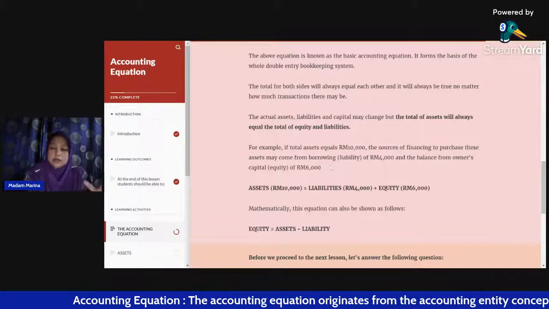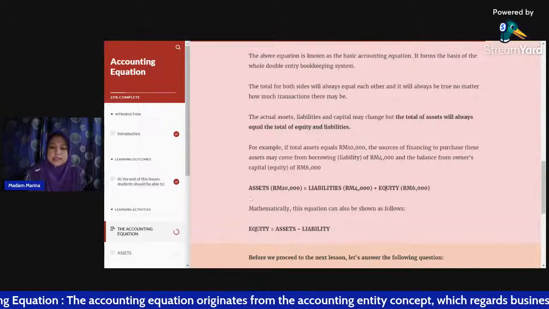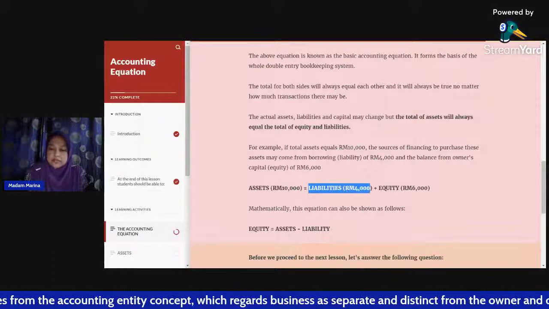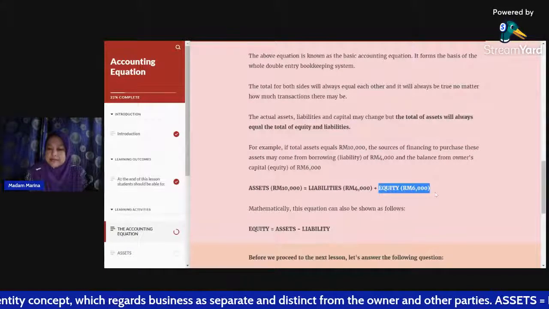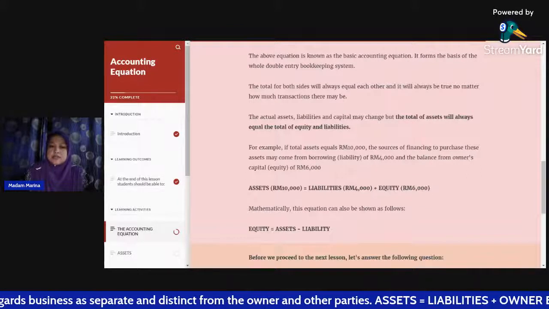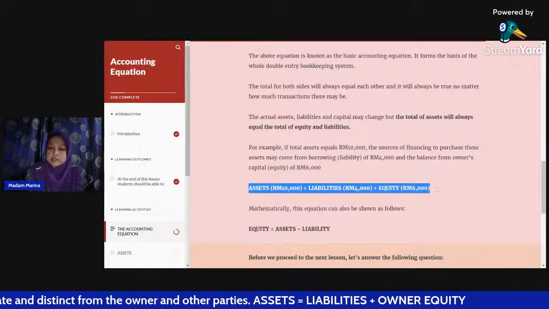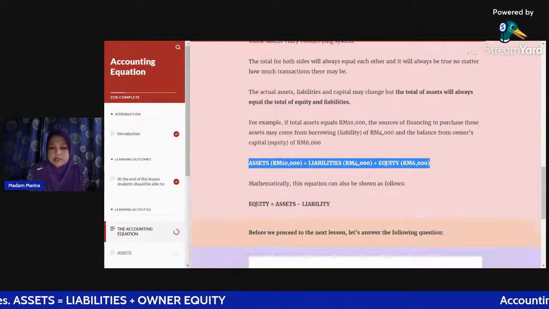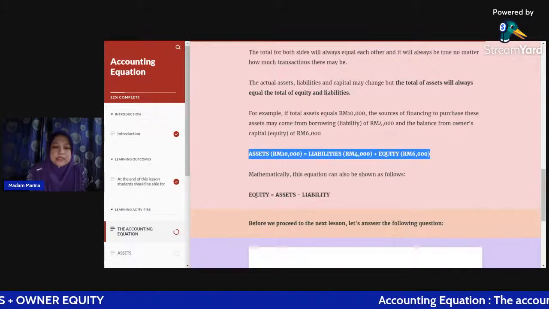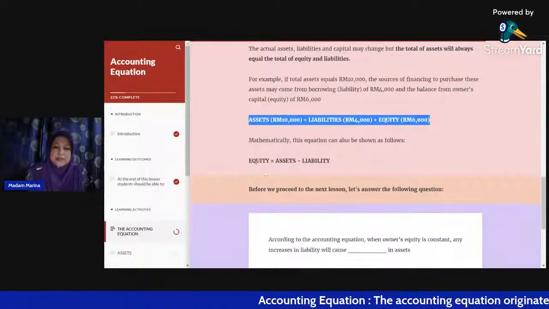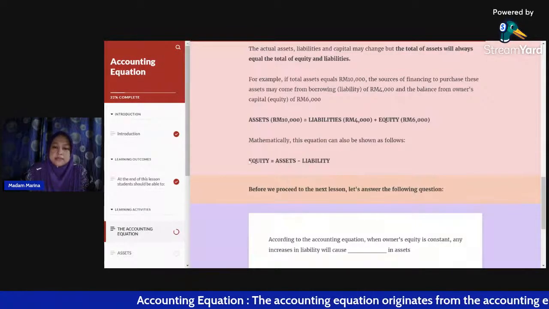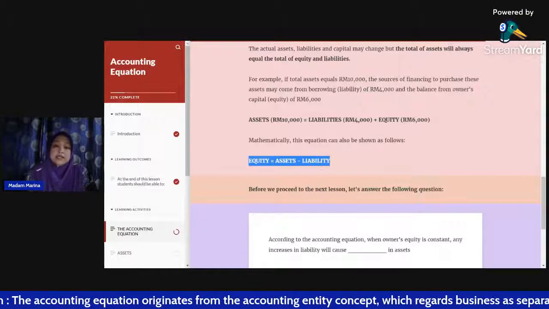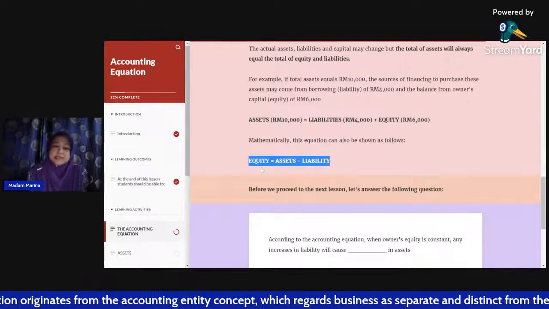So this is how we derive the accounting equation: assets 10,000 equal to liabilities 4,000 plus equity 6,000. Mathematically, this equation can also be shown as equity equal to asset minus liability, or liability equal to asset minus equity.